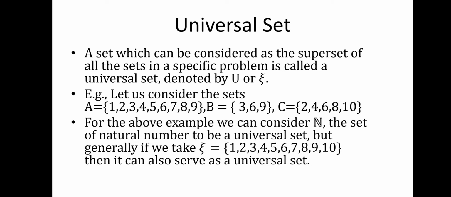So here, universal set is denoted by capital U or xi. This is called the xi symbol. If I have these three sets A, B, C, and I define my xi as 1, 2, 3, 4, 5, 6, 7, 8, 9, 10, then is it not clear that A is a subset of xi, B is also a subset of xi, C is also a subset of xi?